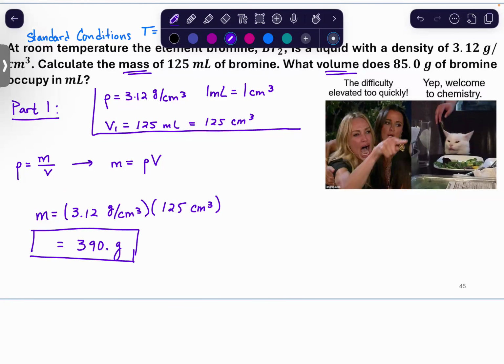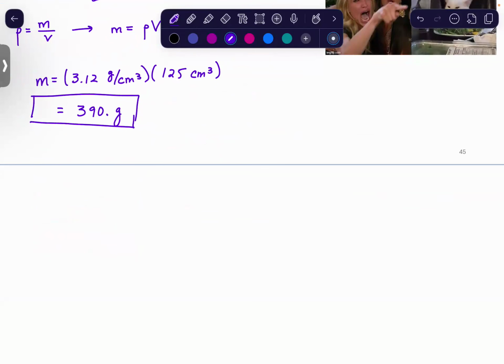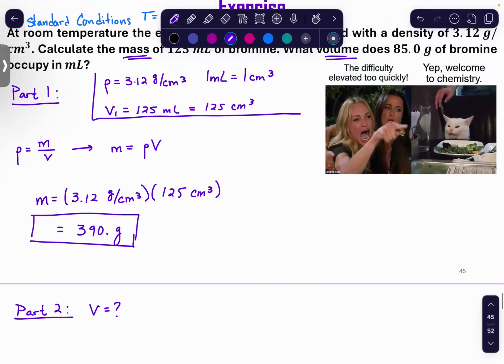Okay, what about the volume in 85 grams of bromine? Part two, what I'm looking for. Up here for part one, I should have put what I was looking for.